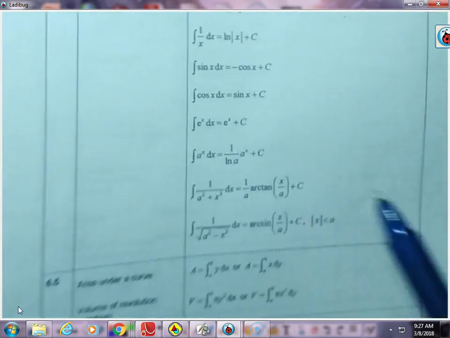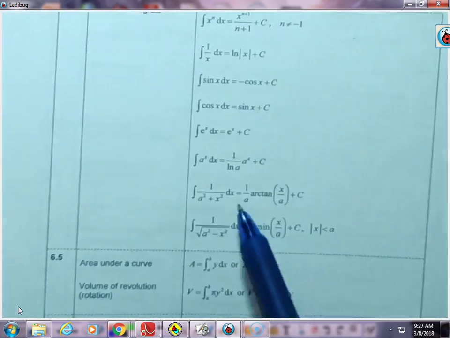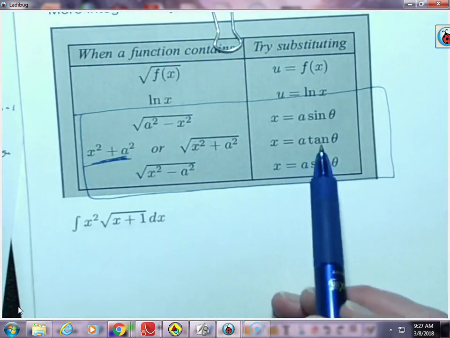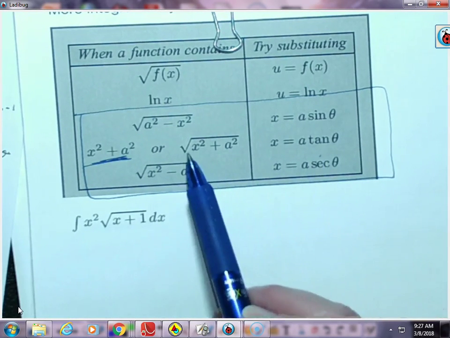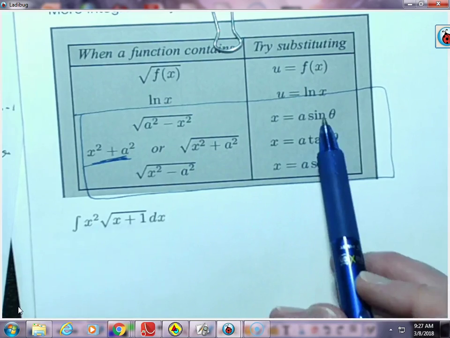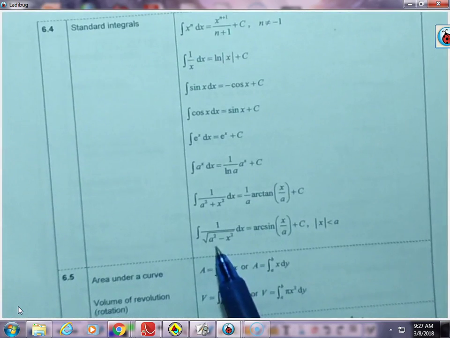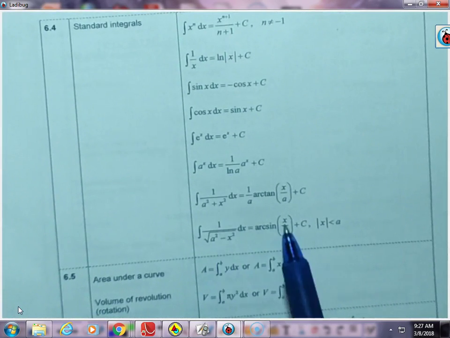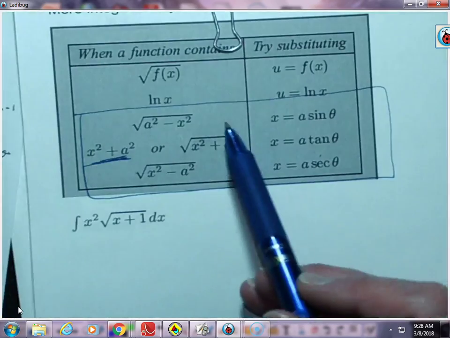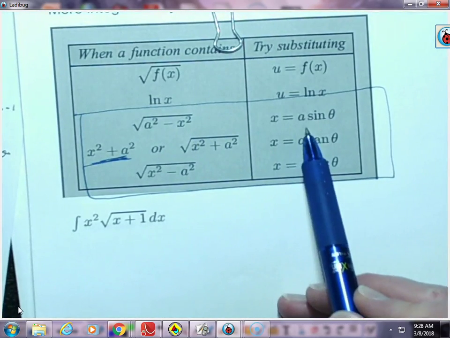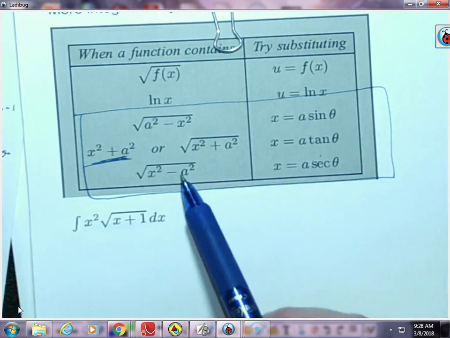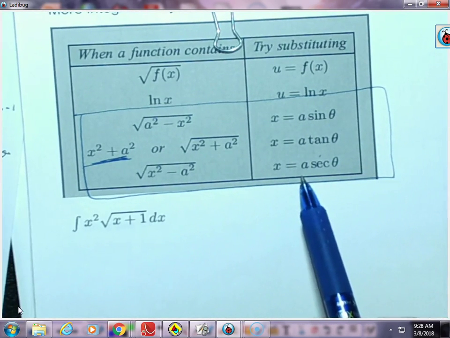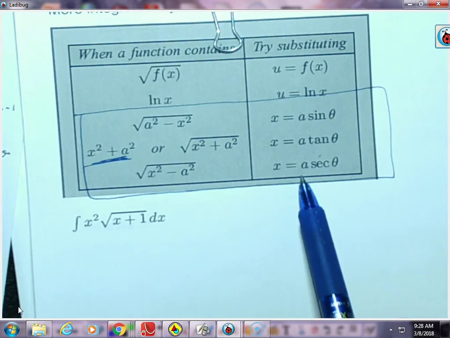So if I was trying to do it from scratch, that would be a little bit of a clue that the x squared plus a squared is going to be a tangent substitution. And this is just kind of similar to it. The sine one, if you notice, is the square root of a squared minus x squared, and it's the sine one. So that's a little bit of a clue on your formula sheet that this is going to be a substitution. This actually looks like the secant one, but you don't have the secant rule on your sheet.